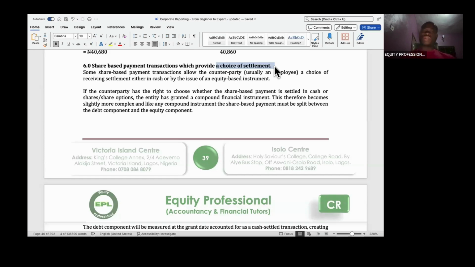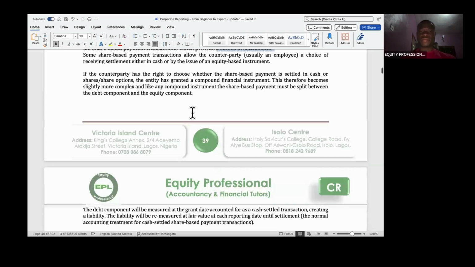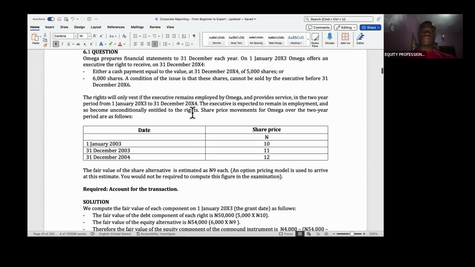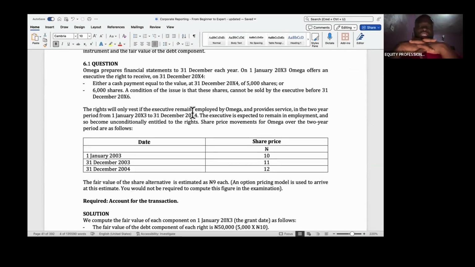So the only addition here, when there's a choice of settlement, is that at the date of the transaction, we will need to split that value into equity and debt. That's the first thing that needs to be done. Okay, so let's look at this question to attain that.